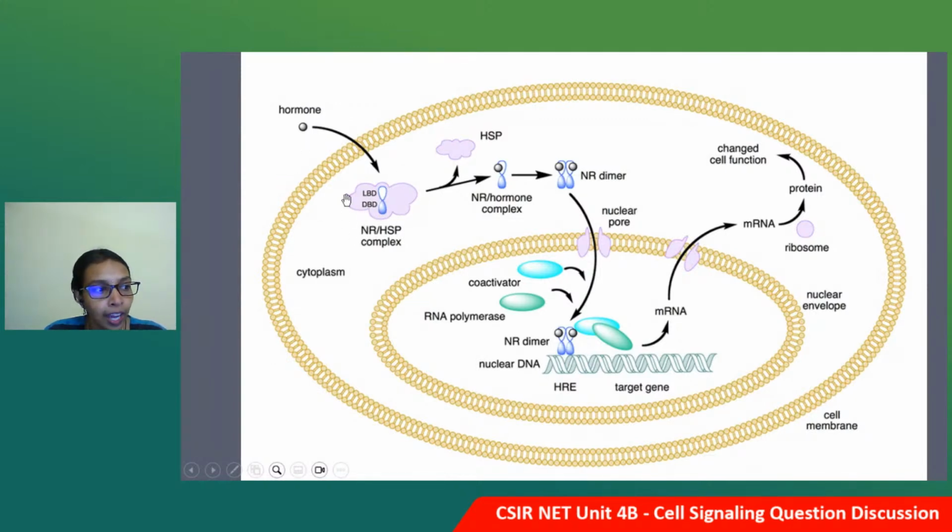When you don't have a hormone, the cloud-like structure which you see, that is your heat shock protein, is bound with the receptor. When this hormone comes and binds to the receptor, the HSP will be released. Undergoes dimerization. Via nuclear pore enters inside the nucleus and binds to the hormone response elements present within the DNA.